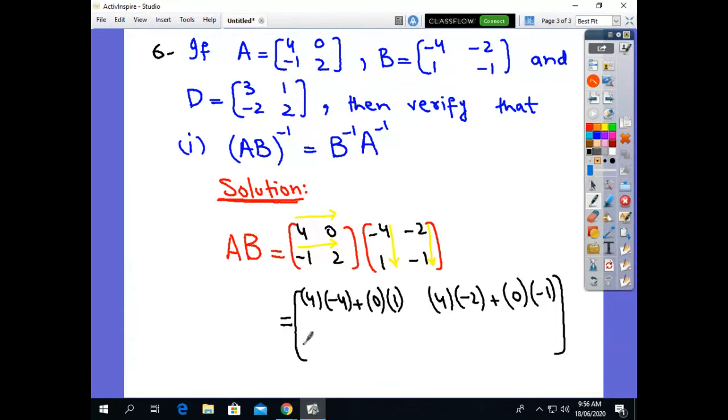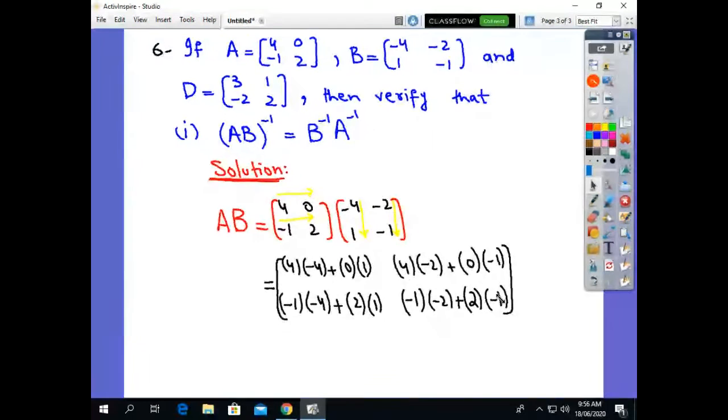We have negative 1 is multiplied with negative 4 plus 2 is multiplied with positive 1. Similarly, negative 1 is multiplied with negative 2 plus 2 is multiplied with negative 1.